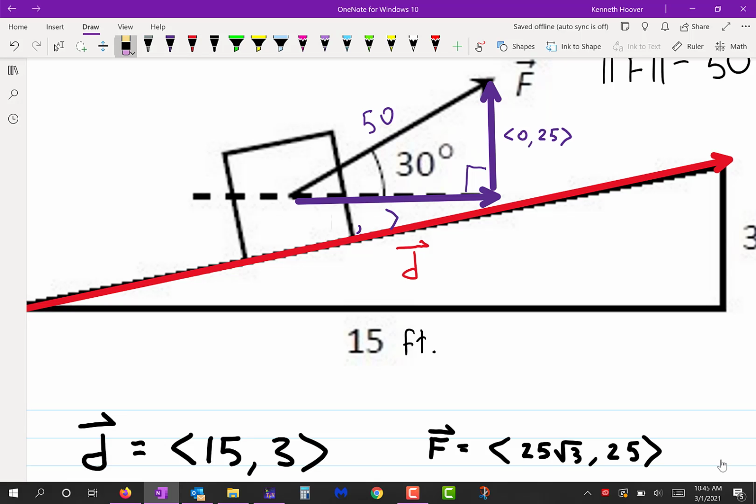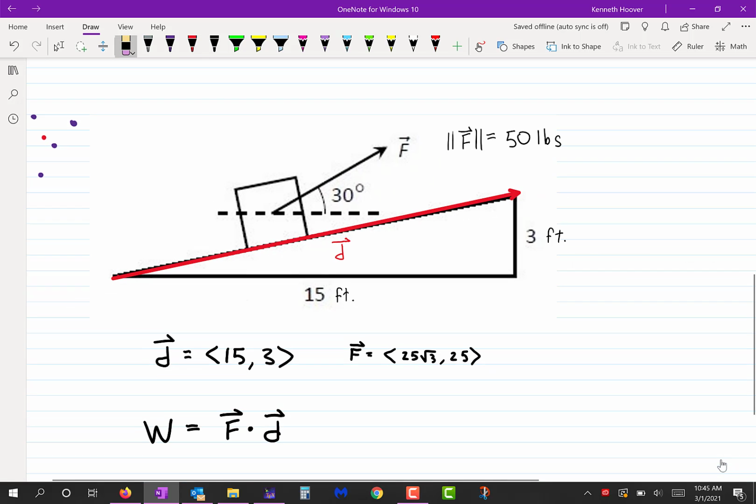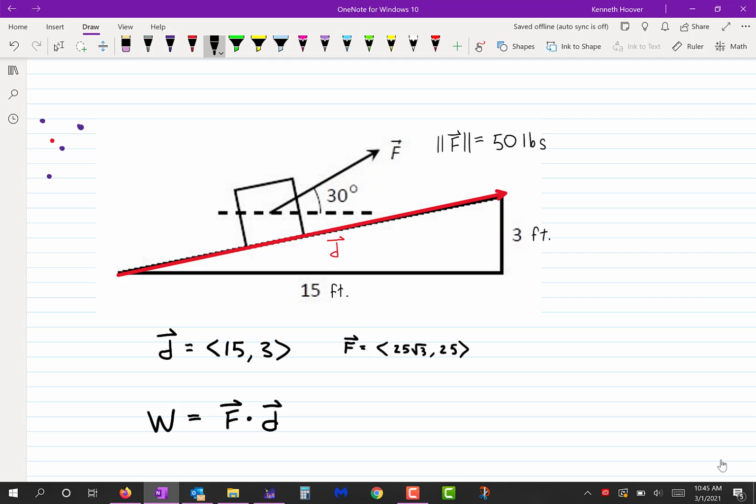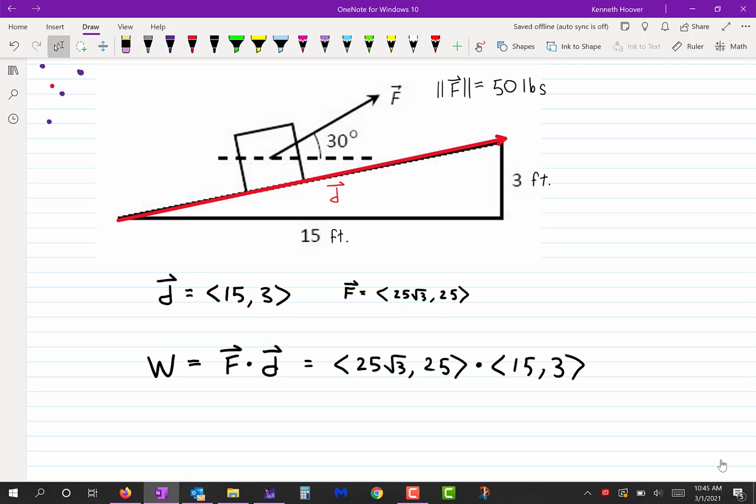Okay, now we can find the work very easily. It's F dot D. So that's going to be the dot product of the vector 25 root 3, comma 25 with the vector 15, 3, which, remember how dot product works, is going to give us 25 root 3 times 15 plus 25 times 3.